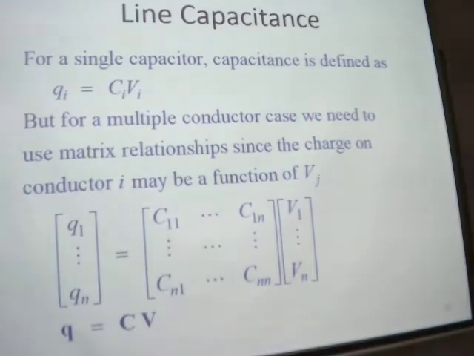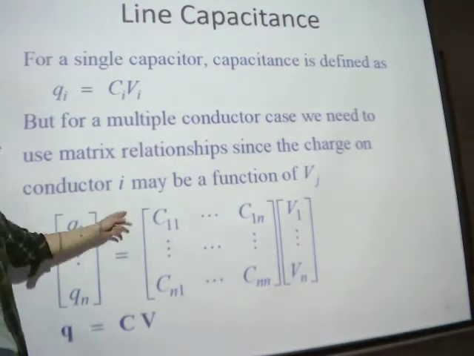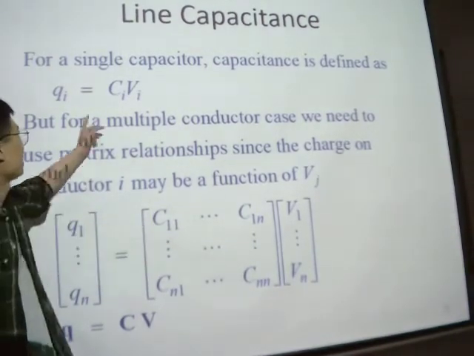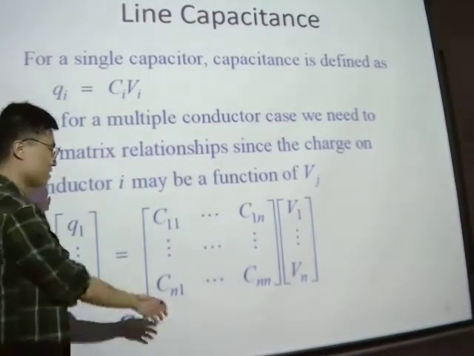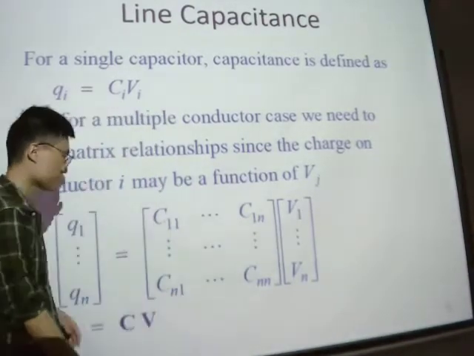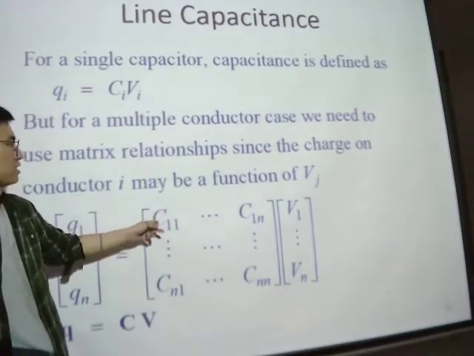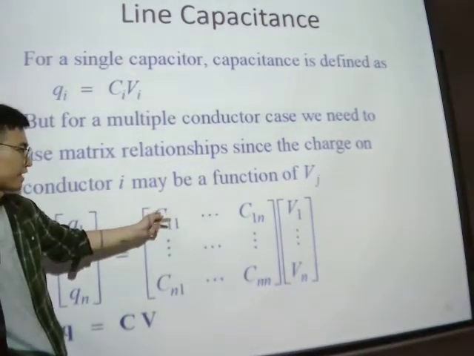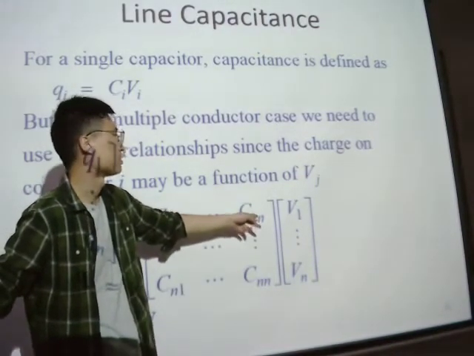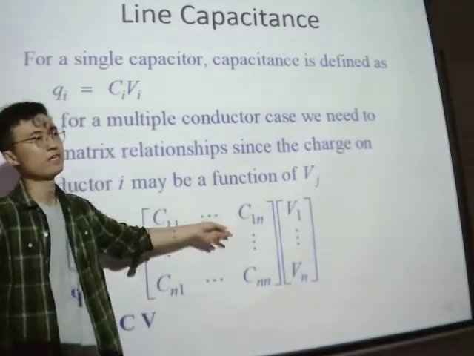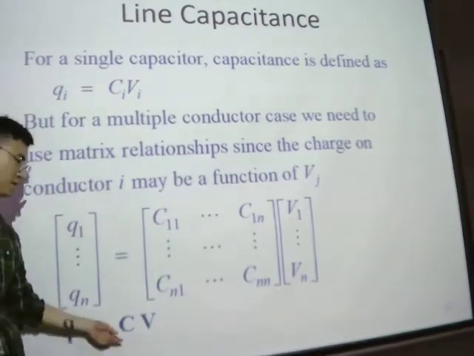So in the situation of multiple conductors, because there will be many transmission lines, we can use these equations, because Q is equal to C times V. So it is the matrix C, matrix V, and here is the capacitance within the conductor N, and this is the mutual capacitance from the line between conductor 1 and conductor N. So here is the matrix expression.